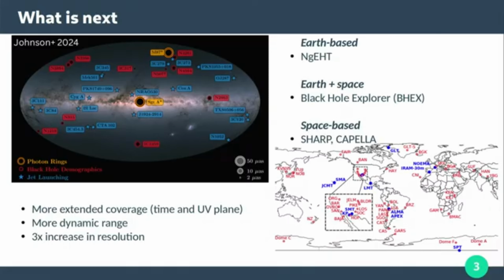One of these extensions is the so-called next generation EHT, or ngEHT, that contains shorter baselines that will allow us to sample more extended structures around M87. For example, we may eventually be able to see the jet. Also, they will enhance the coverage in time so that we will still have images of these sources when the Earth is in positions that are currently unpopulated, and this will allow better images of, for example, Sagittarius A star that can lead to the production of higher-quality movies.